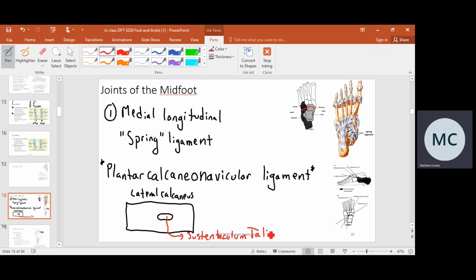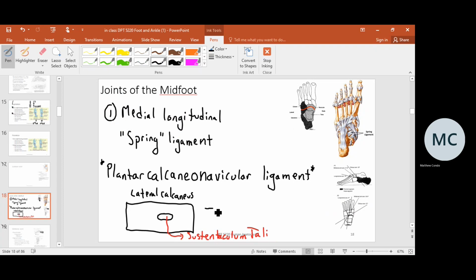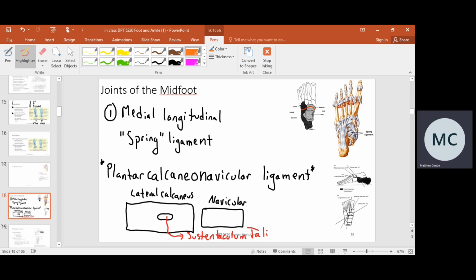Now, like I said, the plantar calcaneal navicular ligament, or spring ligament, attaches my navicular to my calcaneus. So there's my navicular. And this is why I want to make this point.